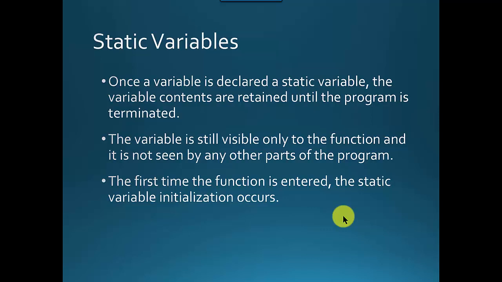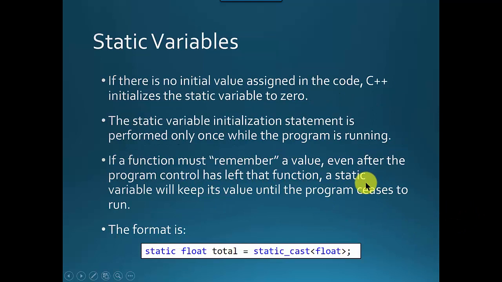Every time you revisit the function, you get a brand new variable and it has to be reinitialized. Sometimes, though, you want a variable to retain its value even after the function has stopped executing. To do that, we use something called a static variable, and the way you use it is with the static keyword.